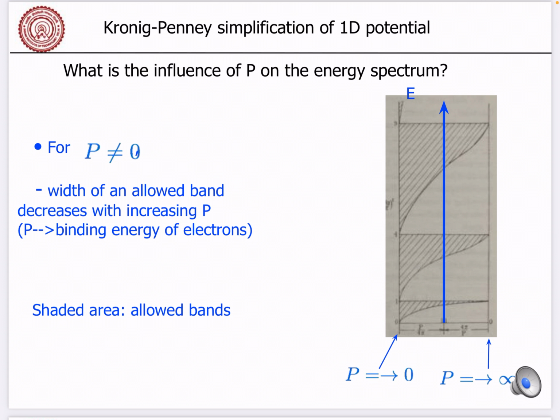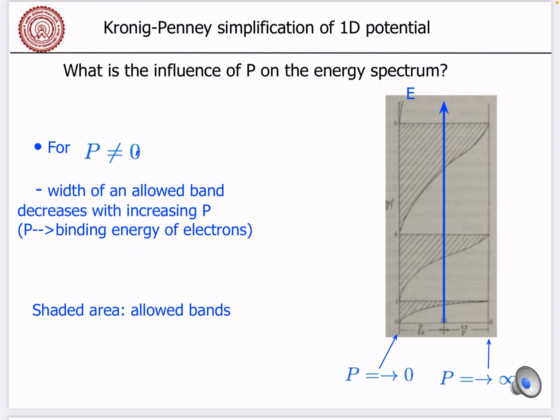On the x axis this is P. They have plotted P by 4 pi on the left side of this blue line and 4 pi by P on the right side of the blue line. So this is essentially the same thing. The leftmost point is P tends to 0, and the rightmost point is P tends to infinity. P tends to 0 is a free electron like case.